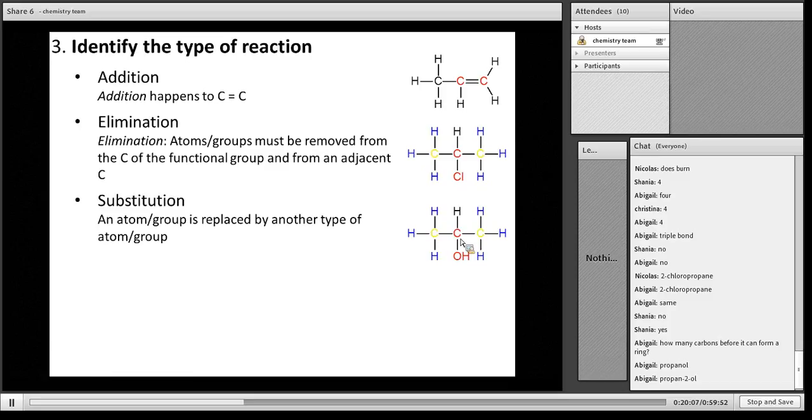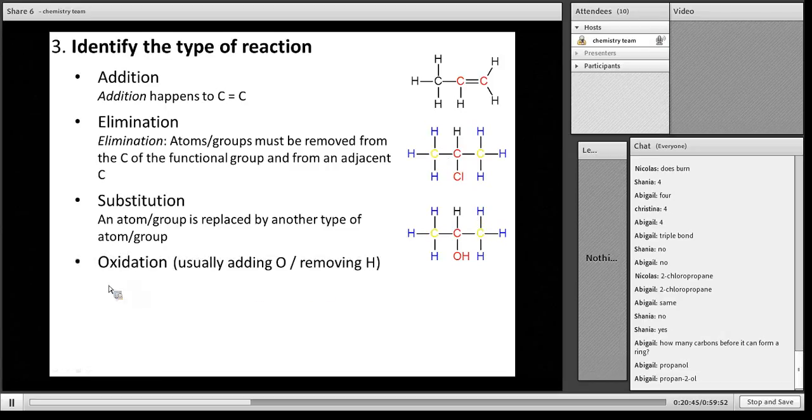So for the rest of you as well, when you're asked for a name of a compound, if there's no other way you can draw that set of atoms, then you're fine. But with propanol, I could have put the OH on 2 different carbons, so propan-1-ol or propan-2-ol. So I have to specify the number. Right, so I can substitute by going from the chloro to the alcohol, or the alcohol to the chloro.